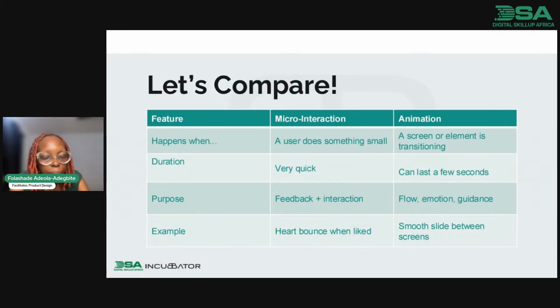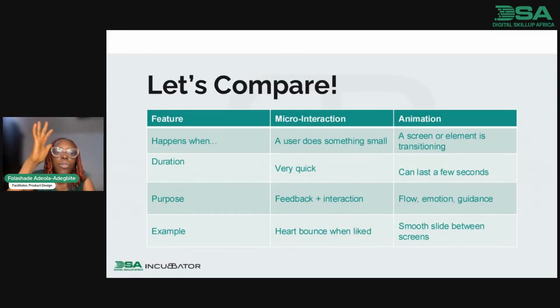So let's compare. When does micro interaction happen, or when does animation happen? Micro interaction happens when a user does something small. Animation happens when a screen or element is transitioning from one state to another.